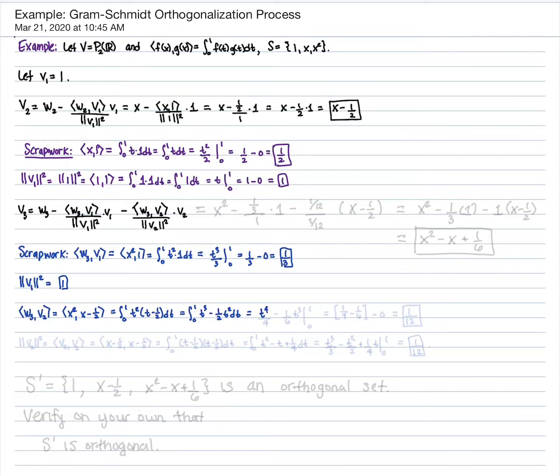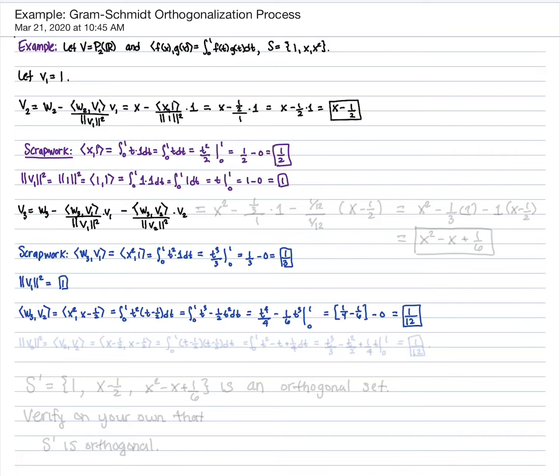Therefore, we get t to the 4th over 4 minus 1/6 t cubed, going from 0 to 1. So we get 1/4 minus 1/6 minus 0, which is equal to 1 over 12 when you simplify.